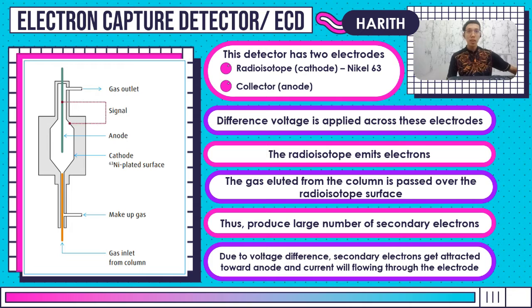Next, the gas eluted from the column passes over the radioisotope surface, thus producing a large number of secondary electrons. Due to the voltage difference, the secondary electrons are attracted toward the collector, which is the anode, and current will flow through the electrode.